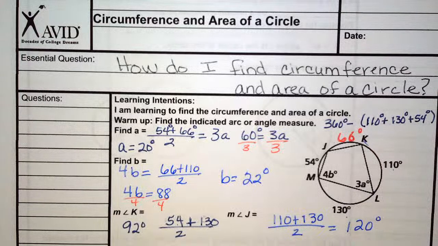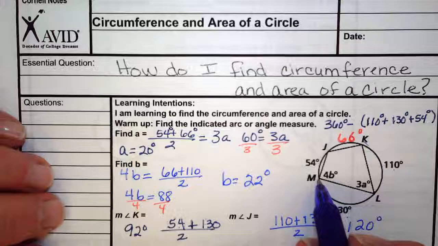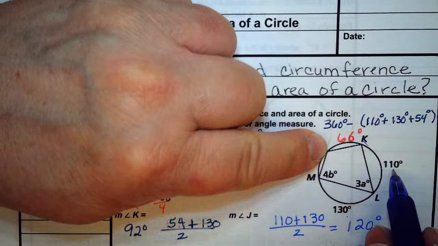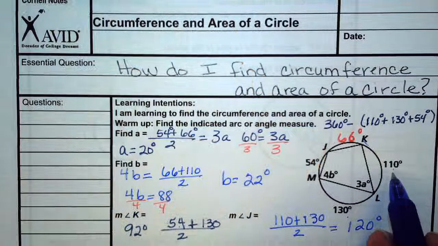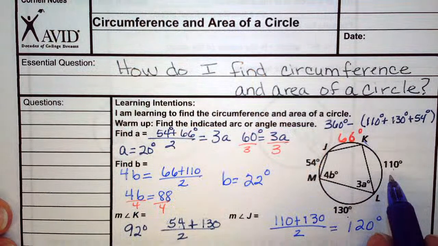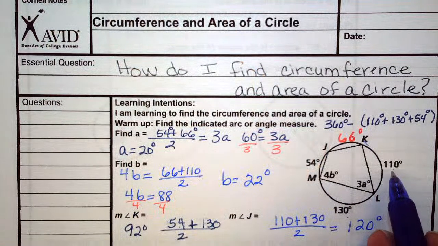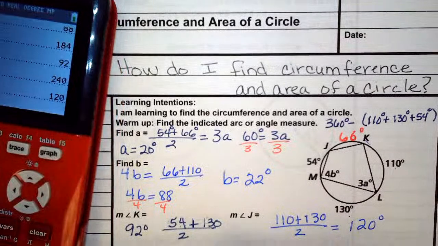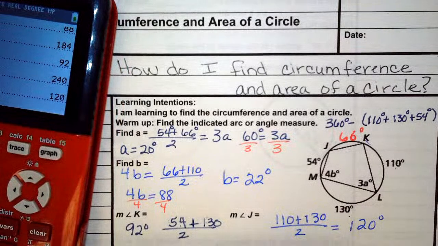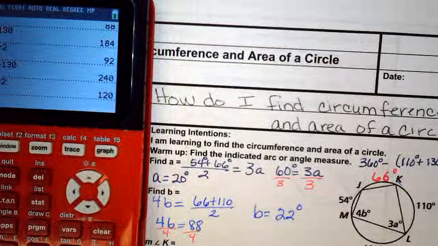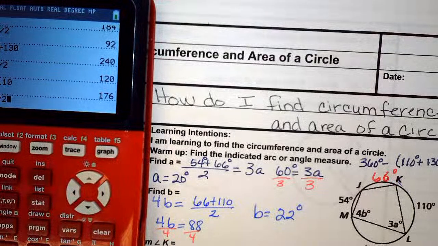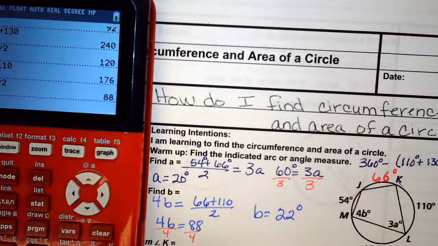So let's look at angle M. Here's M. It comes out to here. 66 plus 110 would be 176 divided by 2, and you end up with 88.